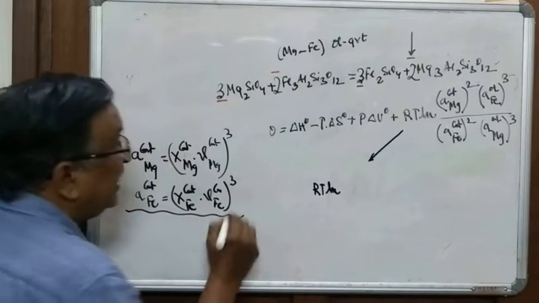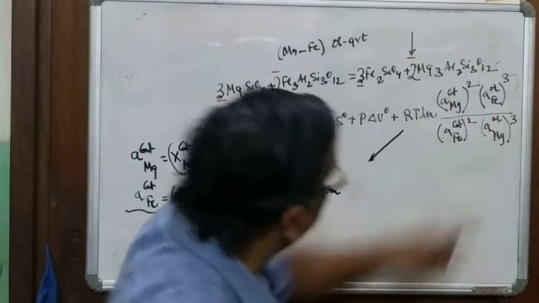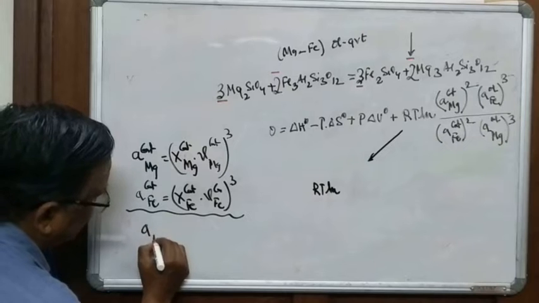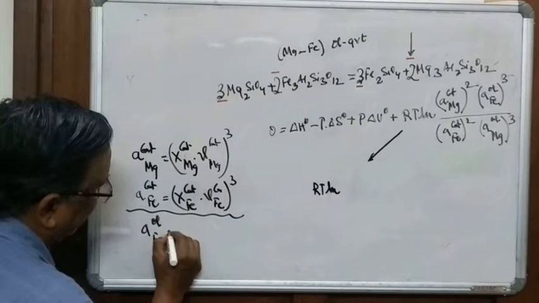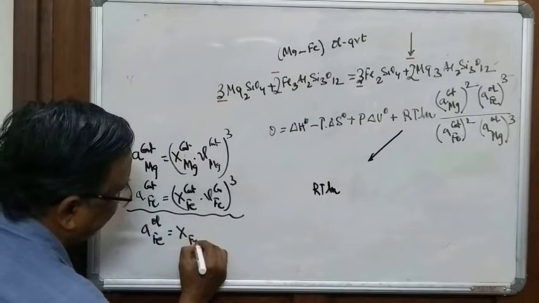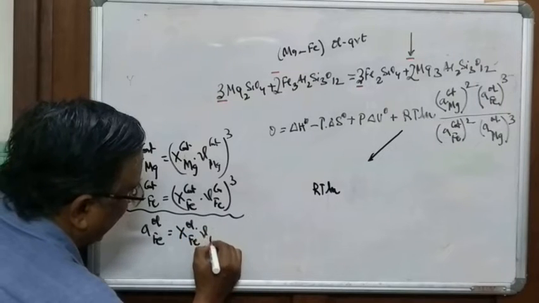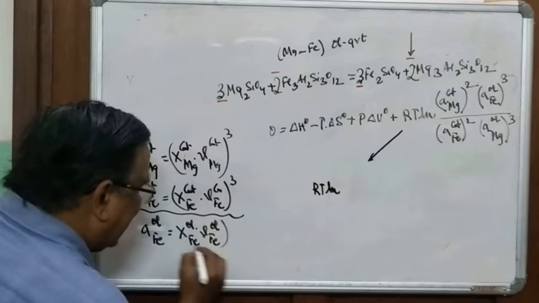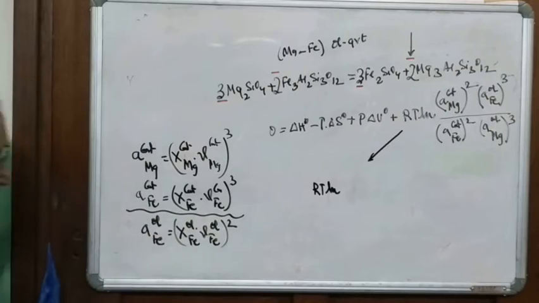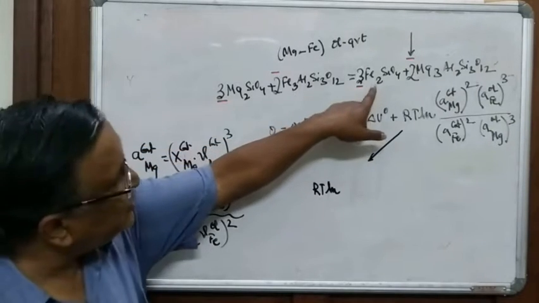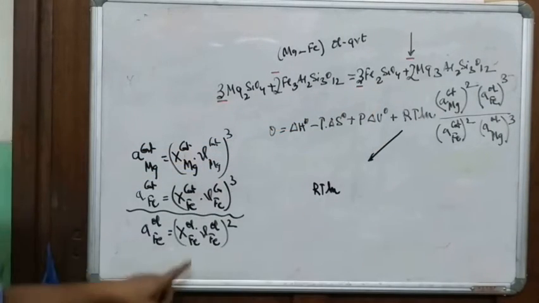But if you take olivine, then you see activity of Fe in olivine is equal to xFe in olivine into gamma Fe in olivine, and this is squared because the mixing is on 2 sites. Similarly for activity of Mg.